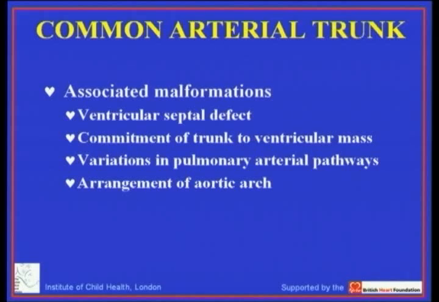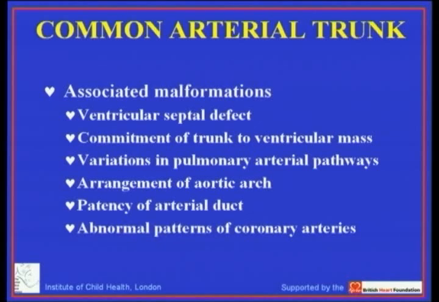But don't forget the arrangement of the aortic arch, that is also used in categorization of common trunk. And whilst in many instances there is no arterial duct in the presence of common trunk, you need to recognize the cases in which the arterial duct is present, because that can feed significant parts of either the systemic or the pulmonary pathways. And a feature of common arterial trunk is an abnormal pattern of the coronary arteries.